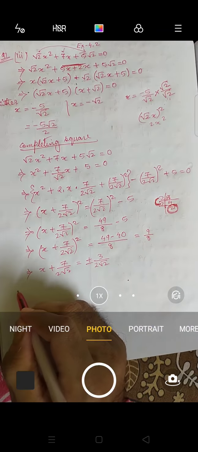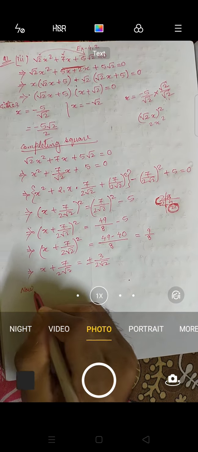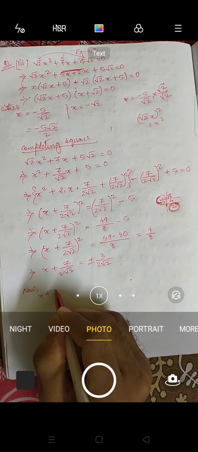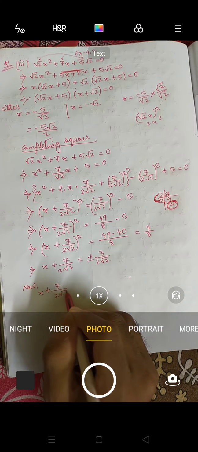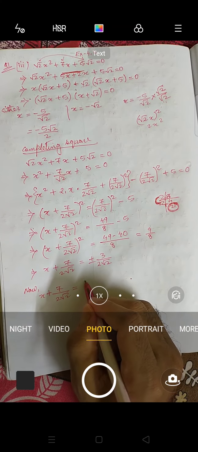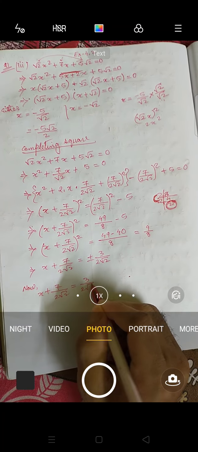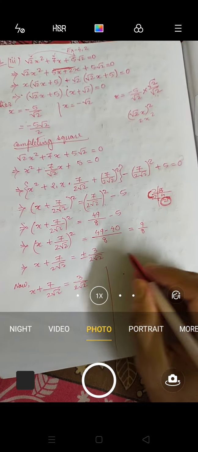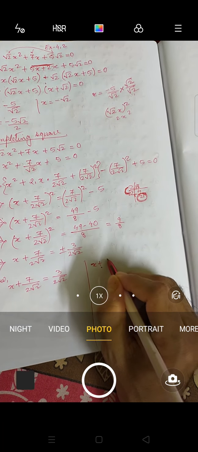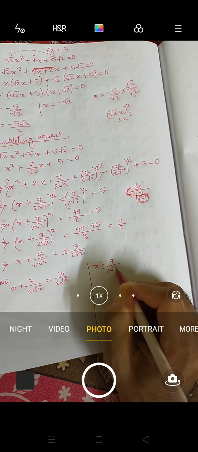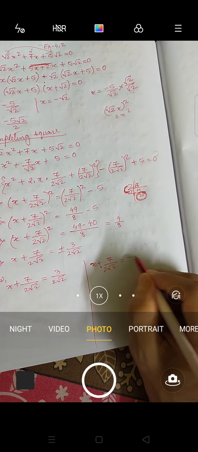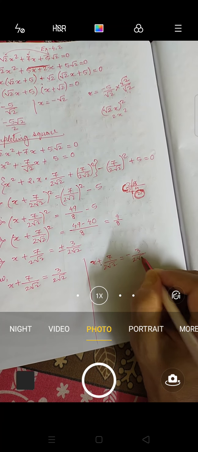Now you take it as plus: x plus 7 by 2 root 2 equals to 3 by 2 root 2, and next time x plus 7 by 2 root 2 equals to minus 3 by 2 root 2.